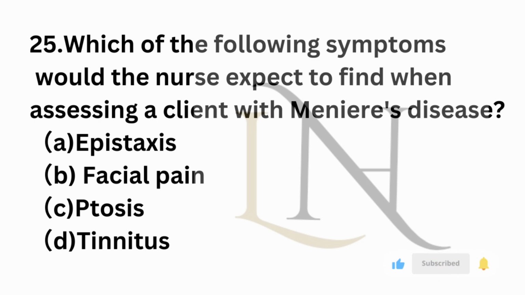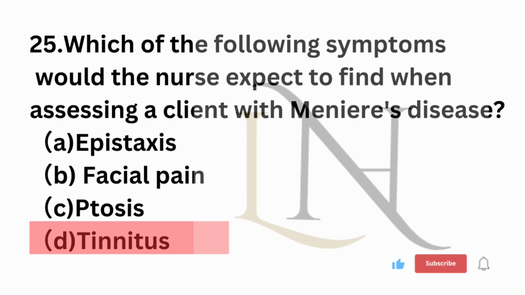Correct answer: option D, tinnitus. Tinnitus means ringing in the ear, epistaxis means nose bleeding, and ptosis means drooping of the eyelids.